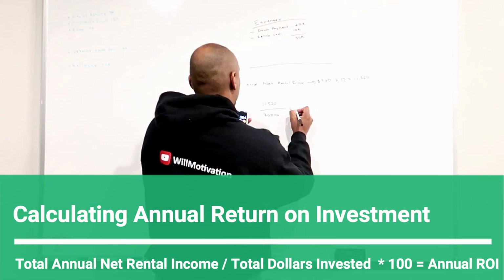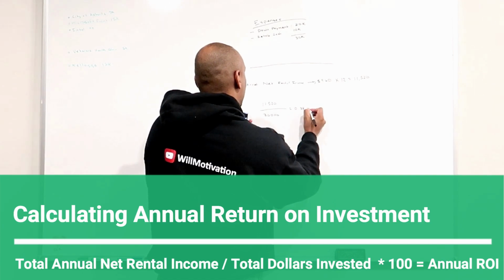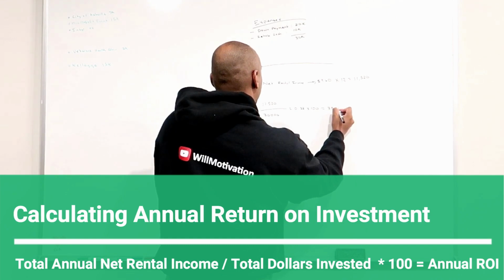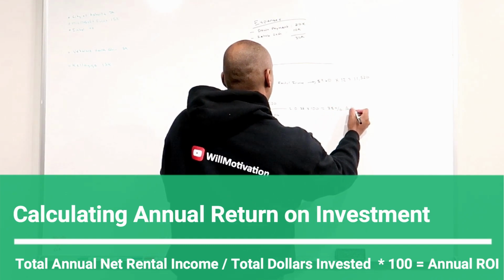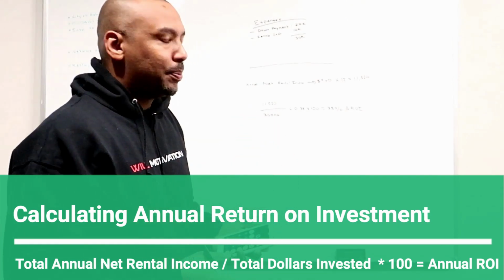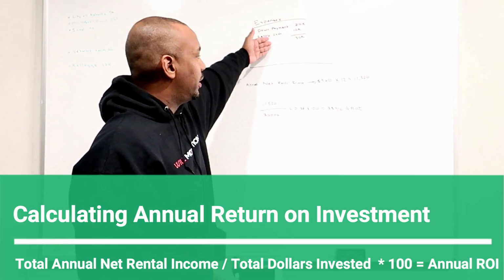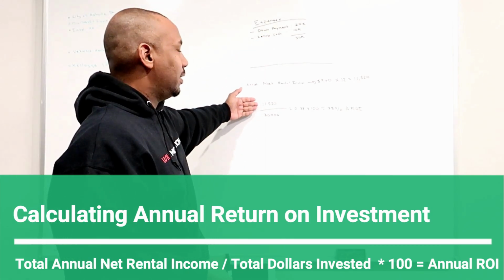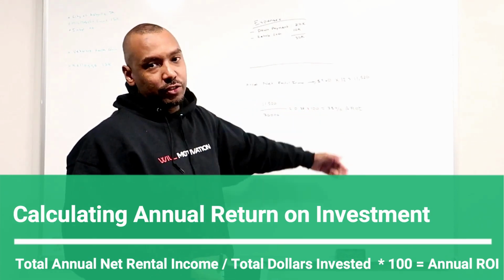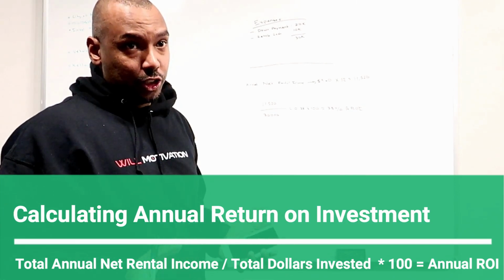So that would equal 0.38 times 100 is 38% annual return on investment. So in this example, it will be 38% annual return on investment if you invested 30,000 and you made 11,520. Then your annual return on investment will be 38%, which is damn good.